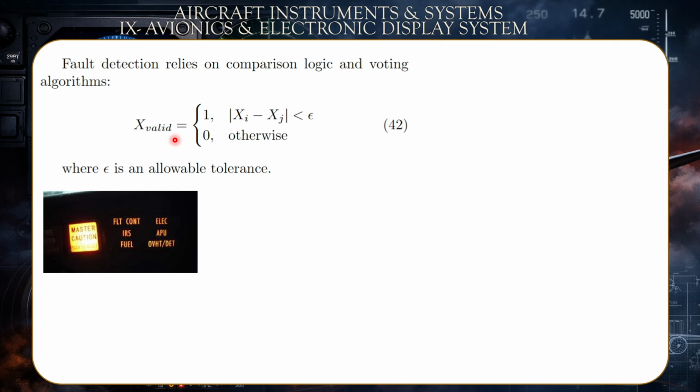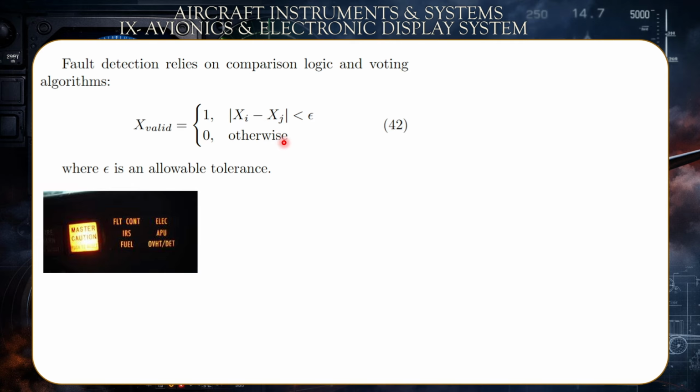X valid is equal to 1, or a measured value would be voted as 1, as acceptable, when the difference between the two measurements, which is xi minus xj, okay, so the distance or the excursion between these two measurements coming from the two sensors, should not exceed epsilon. Epsilon in such a case is the allowable tolerance.